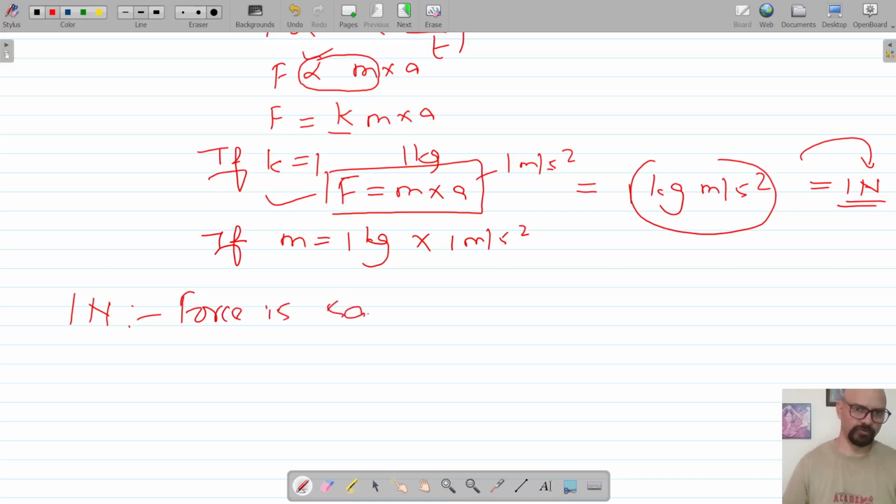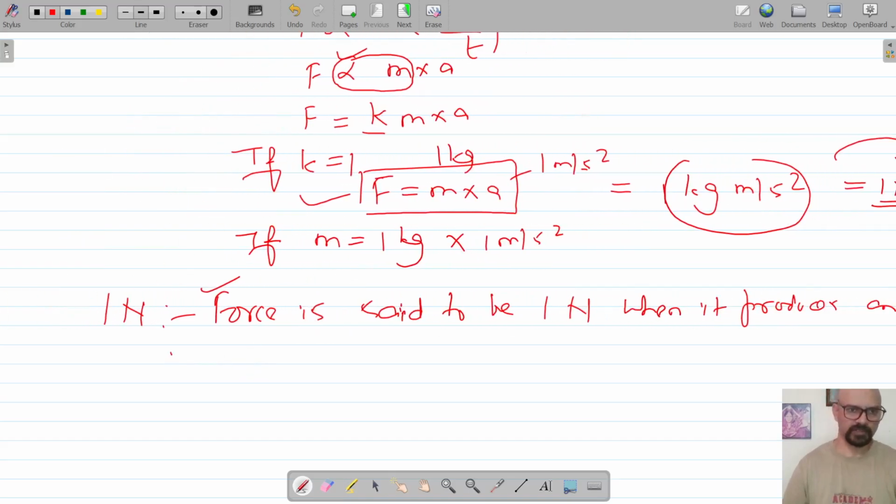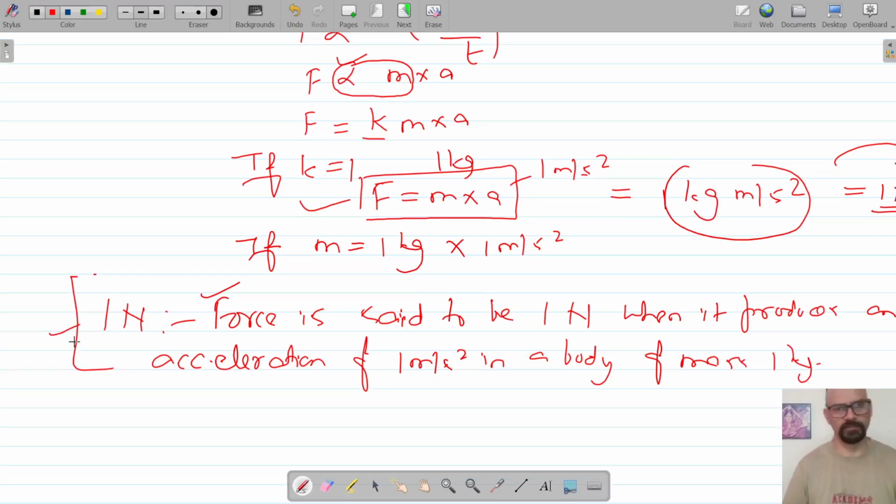Because it is the SI unit of force, we say that force is said to be 1 Newton when it produces an acceleration of 1 meter per second square in a body of mass 1 kg. So that's the definition of 1 Newton.